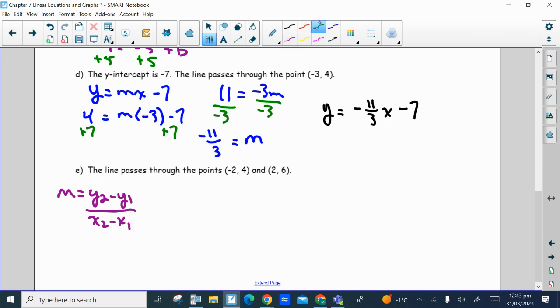So remember, if you're using the slope formula, you have to designate one of the points as point 1, the other one as point 2. This gives us our values of x1, y1, x2, and y2.